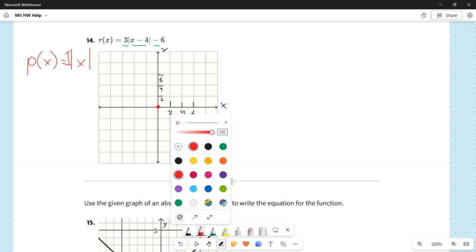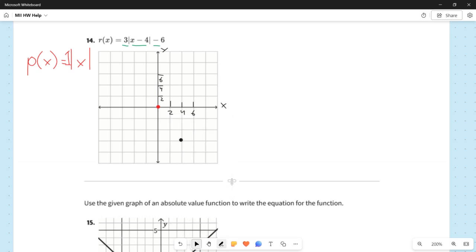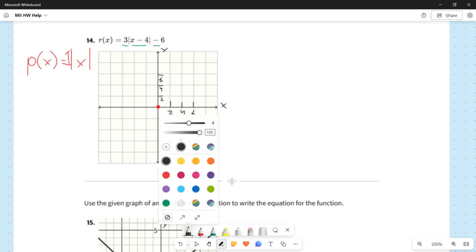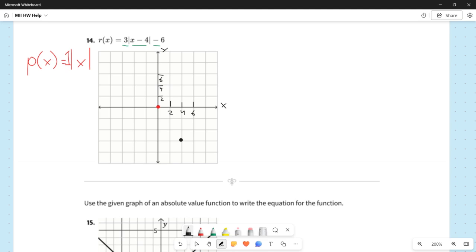So instead of going up 1 over 1 like the parent function, from our new vertex we're going to go up 3 over 1. From here, if I go up 3 over 1, that puts us right there. If I do it again, up 3 over 1, that puts us there. Up 3 over 1, up 3 over 1, up 3 over 1. Okay?